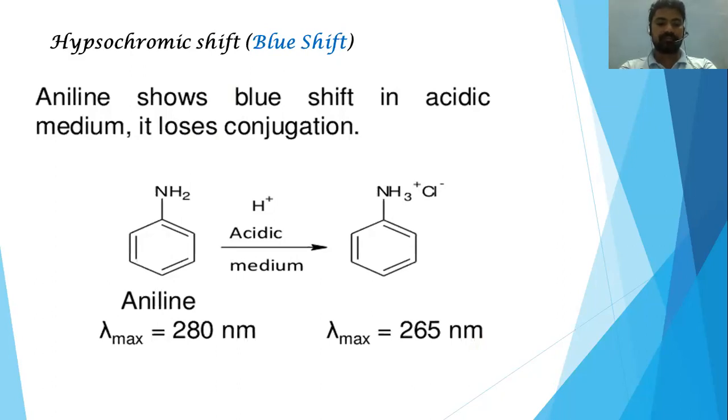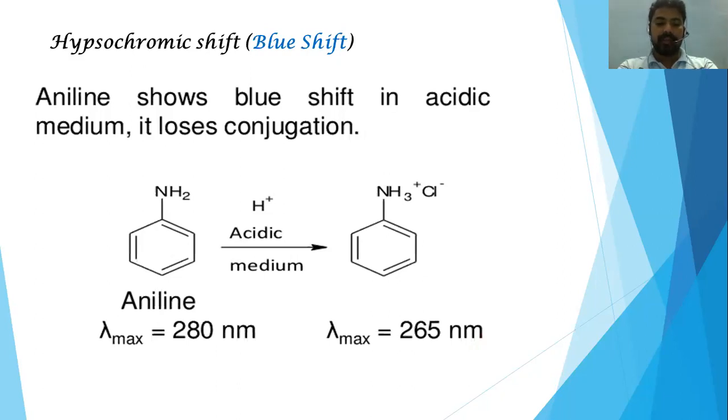Aniline shows a π to π star transition at 280 nanometer wavelength. Once it is dissolved in an acidic medium, a protic solvent, the aniline is converted into the anilinium ion. For example, the protic solvent here is hydrochloric acid, so the aniline is converted into anilinium hydrochloride, which is a salt.